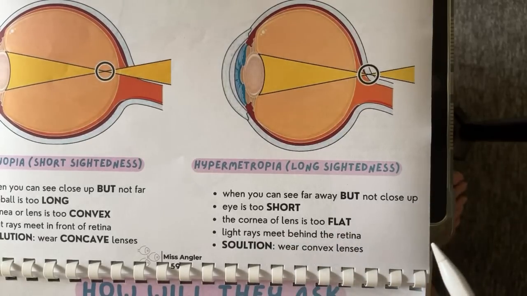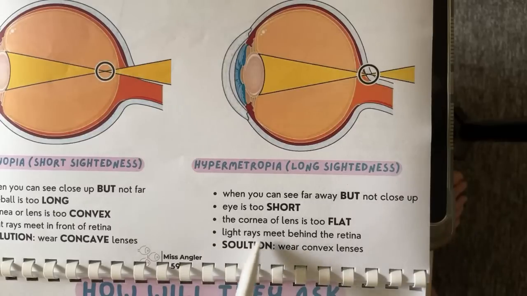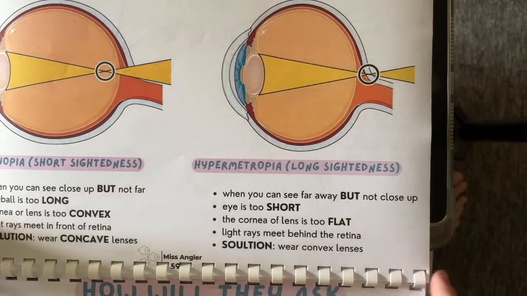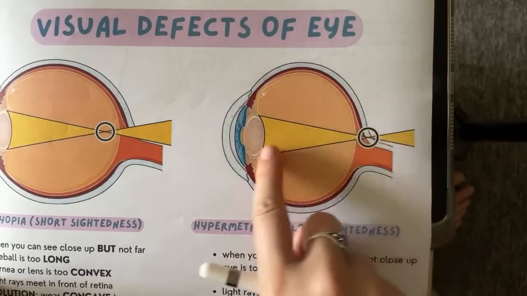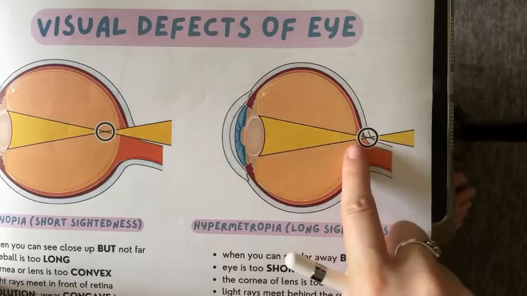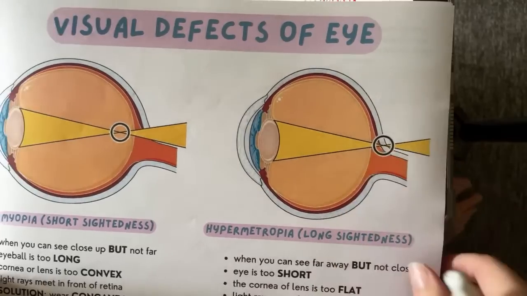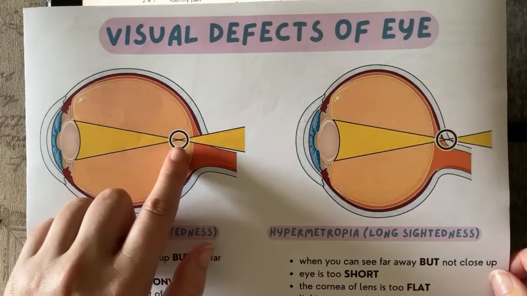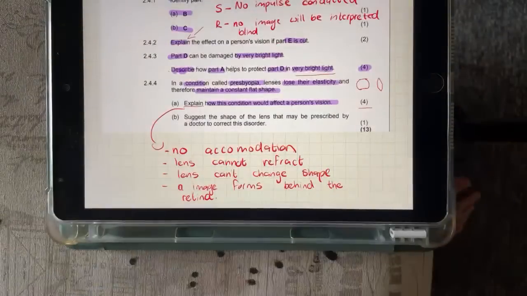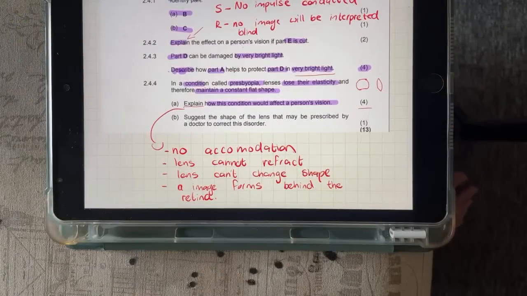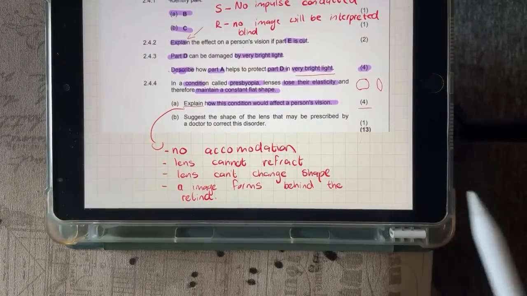It's stuck, okay? So what happens is the light rays meet behind the retina, which is what this picture is here. This is what it looks like when the light rays meet beyond the eye or beyond the retina. This is what it looks like when the light rays hit in front of the retina. Okay, this is a pretty hard question, guys. I'm going to show you the memo answer too now so we can look at it.